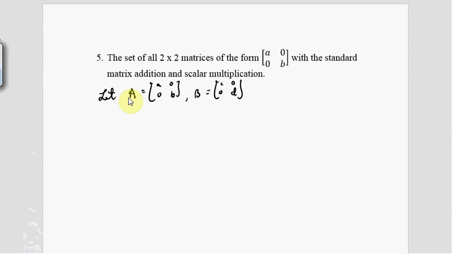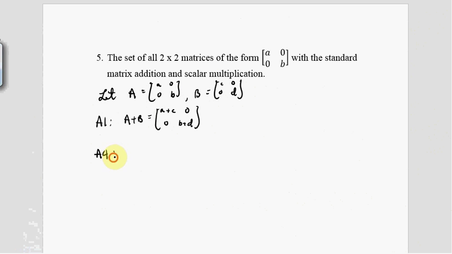So the first property, A1, says that when I add these two matrices, is the resulting matrix still of that form? Yes. A plus C, 0, 0, B plus D. It's still of that form, right? Yes. A2, A3 is satisfied.